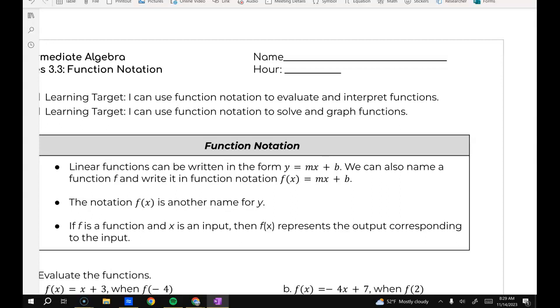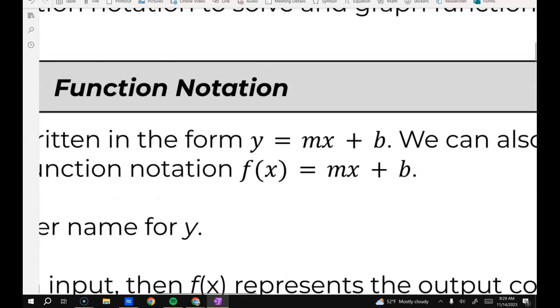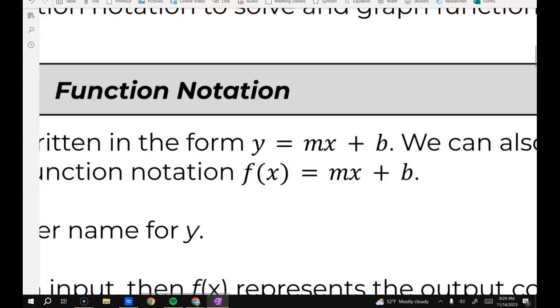So here's our definition box. Linear functions can be written in the form y equals mx plus b. We had that the last 2 days. That's your slope-intercept form, where x is your input, y is your output. We said yesterday with the KFC bucket that b was your starting value and m was your rate of change.